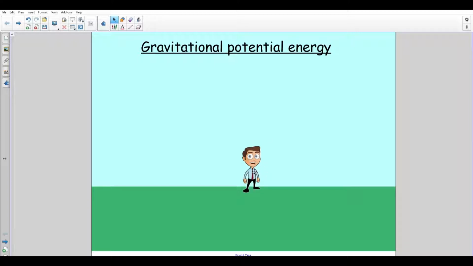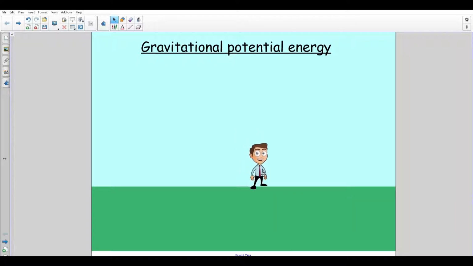So to start off, we've got our little man here. He's going to show us what I'm talking about with gravitational potential energy. We've done a lot of talking about lifting books up in the air to give them gravitational potential energy. So if our little man jumped up in the air, he would be gaining gravitational potential energy.